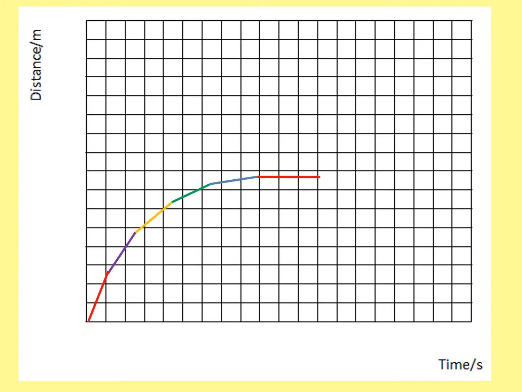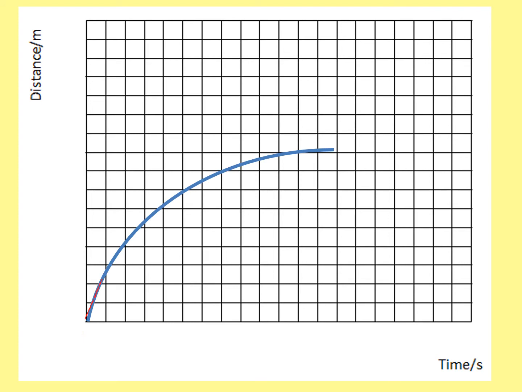If that happened quicker, if it happened over a shorter period of time, it might look something like this. And hopefully you can see that if this change in speed happens over a short enough time, the line will end up looking like this. It will look like a curve. And a curve is just a series of straight lines, but they're very, very short and they're all joined together.